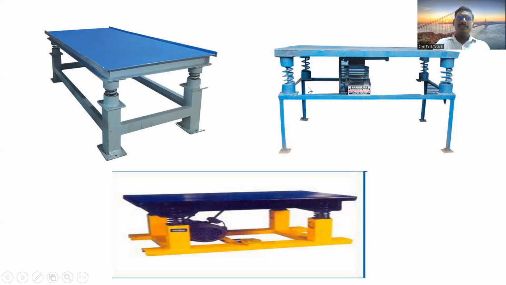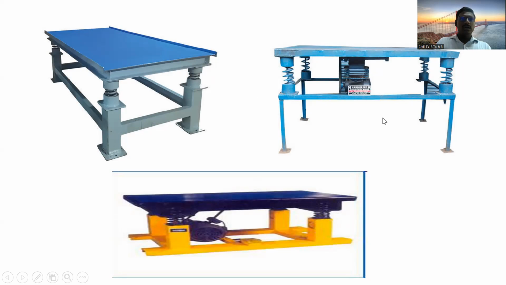You have seen the concrete cubes we prepare; we place them on that table vibrator, and there are support springs. If we start the motor, the table vibrator vibrates and the concrete gets compacted.